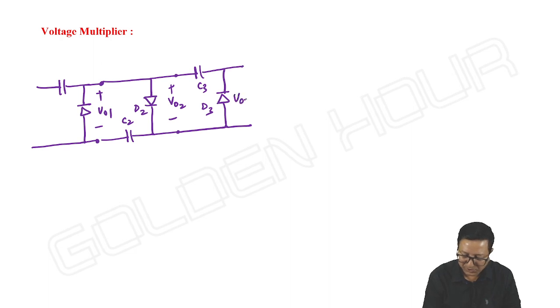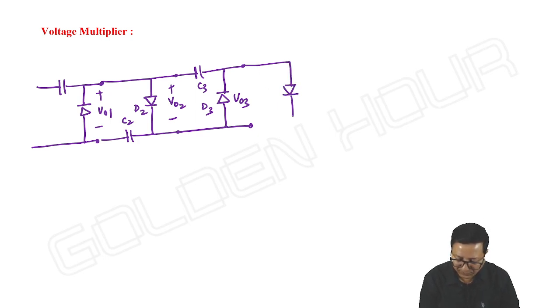The positive clamper output VO3 is acting as input to a negative clamper. The only thing is, negative clamper means the diode is downwards. The capacitor, instead of taking here, I am taking the capacitor here. That is the only difference.